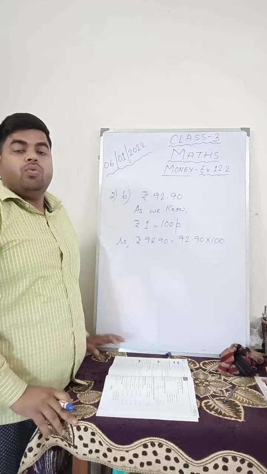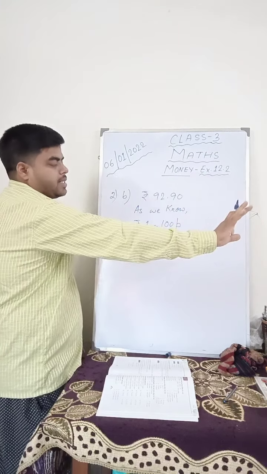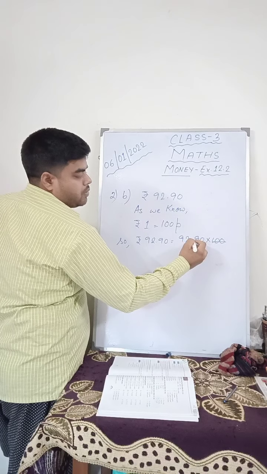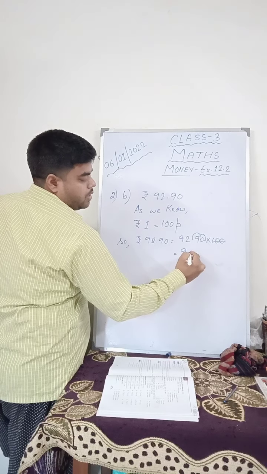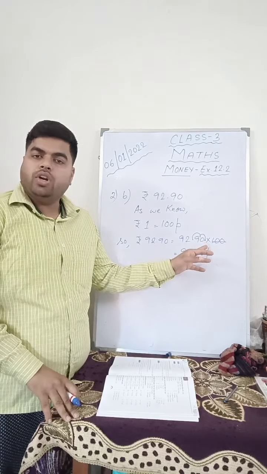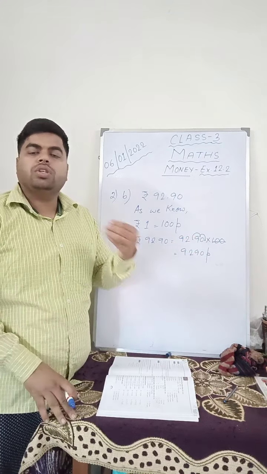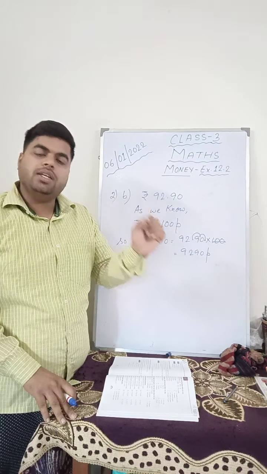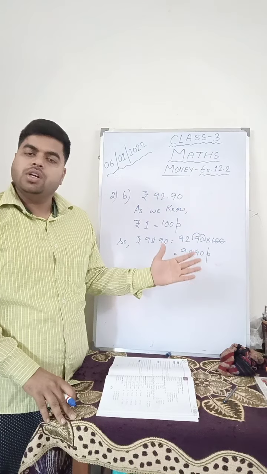Remember, when you multiply by 100, the decimal shifts towards the right side. You have 2 zeros here, so the decimal will shift 1 place, 2 place. So you will have 9290 paisa. We will not write the decimal anymore, because after the decimal there is no digit. If there would have been any digit, then you have to write the decimal. So this is very simple.